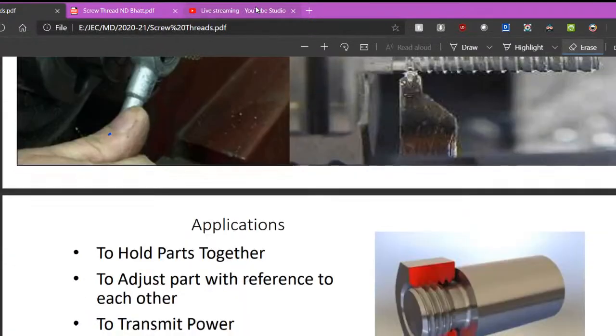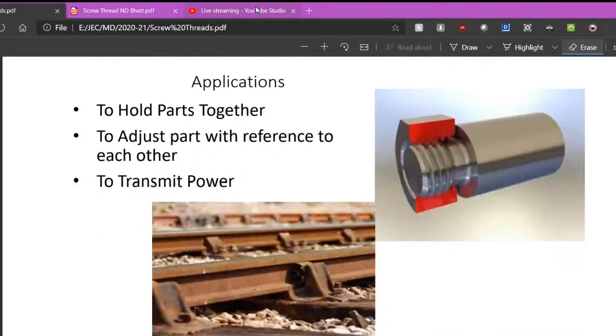Then the applications of screw threads. The first objective is to hold the parts together. Here is a simple example I have shown: this one is a base made of wood and this one is a restricting surface.